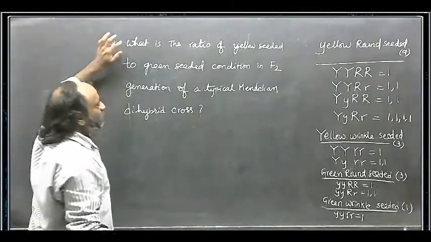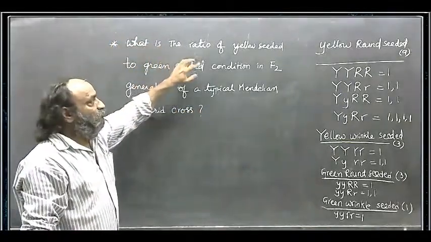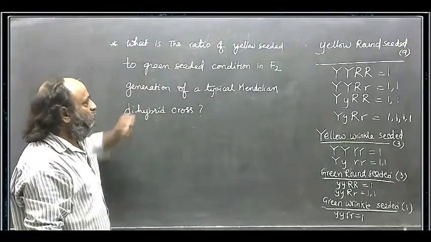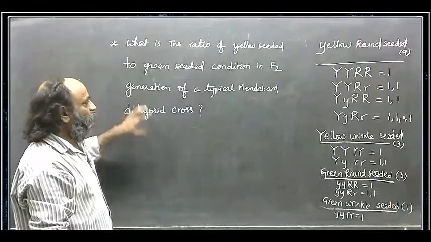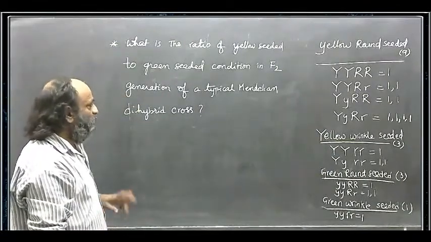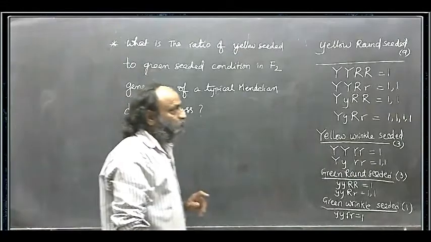So let me read the question. What is the ratio of yellow seeded to green seeded condition in F2 generation of a typical Mendelian dihybrid cross?